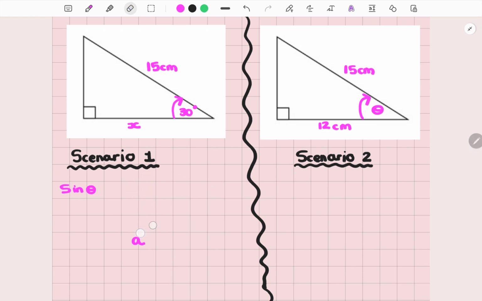Your teacher, hopefully, if you can remember, says sine is opposite over the hypotenuse, cos is adjacent over the hypotenuse, and tan theta is opposite over adjacent. However you remember this, lots of people say SOH CAH TOA.